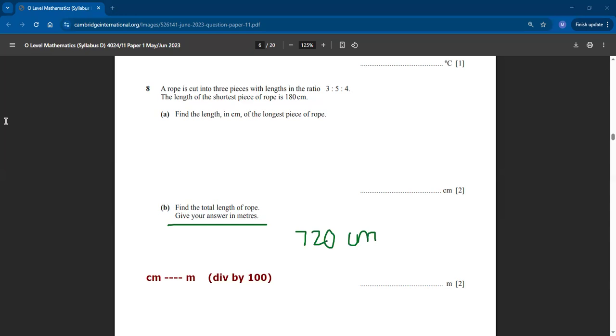So 720 divided by 100 is going to give us, okay, let's see. When we're dividing by 100, like I mentioned, the decimal moves 2 places towards the left. Where is the decimal? There is no decimal. That means the decimal is over here. You're going to move the decimal towards the left, 1 and 2. So the decimal comes over here. The answer is going to be 7.2 meters.